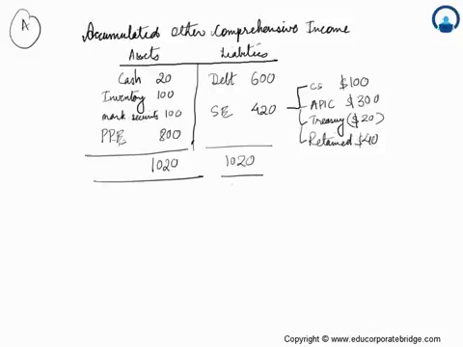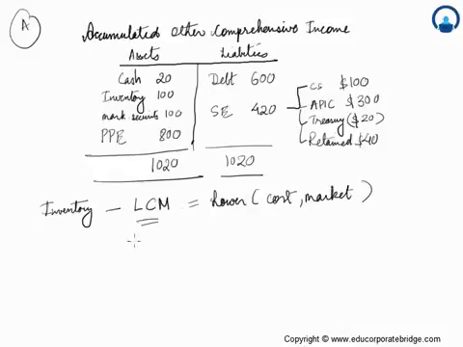So now let's take a situation where inventory, as we have seen earlier, needs to be represented at lower of the cost or the market value. Let's assume that this cost, which is 100 provided here, actually is not correct. However, the market price is, let's say, $90 and the cost price was $100.